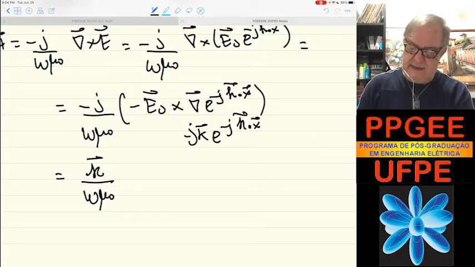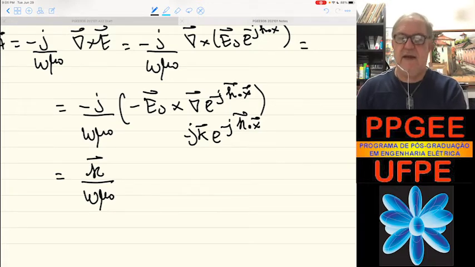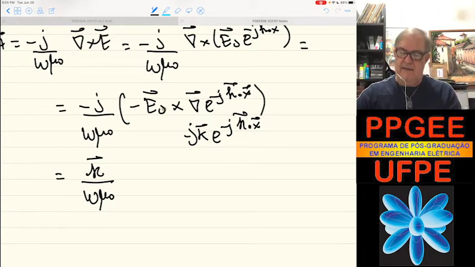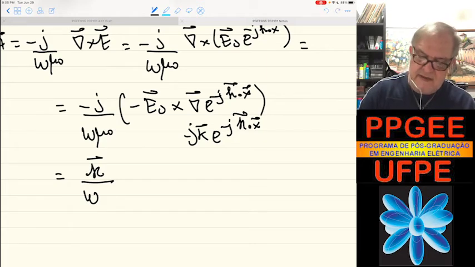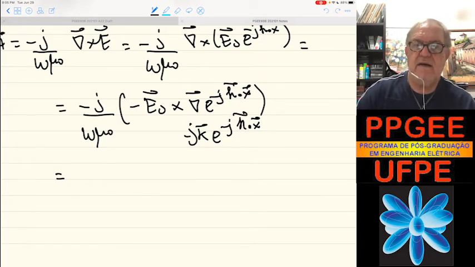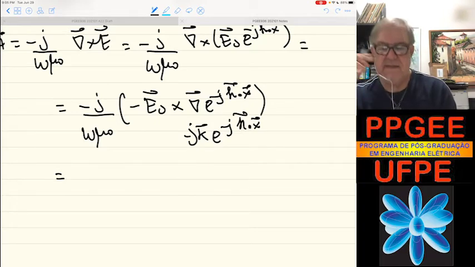Is this right? Let me do it. Minus E0 cross the gradient, which is minus jk, so it's going to be E0 cross k, right? I think I made a mistake here.